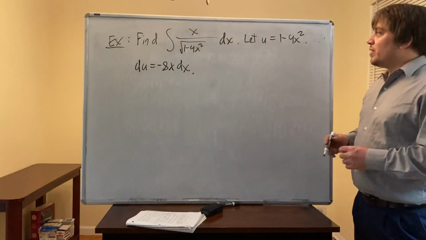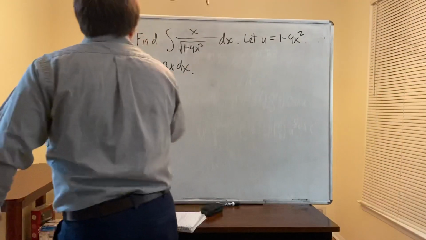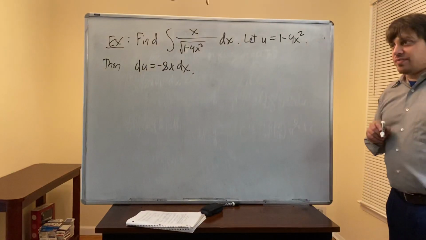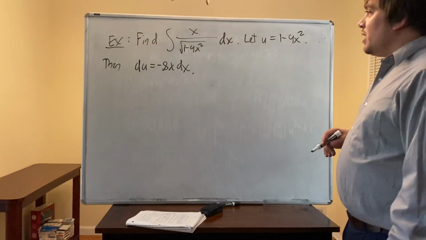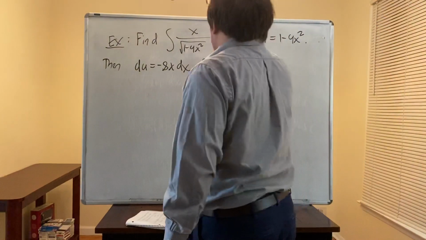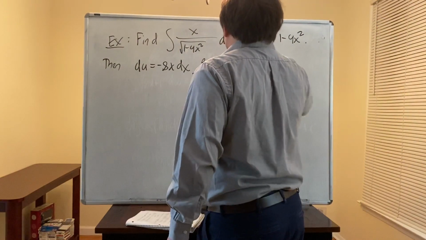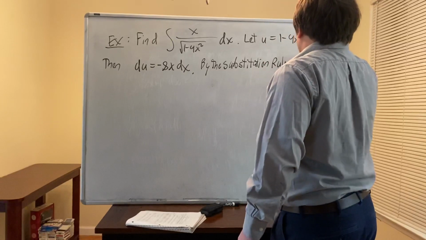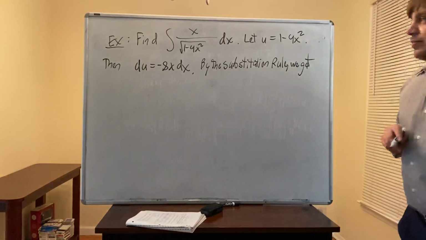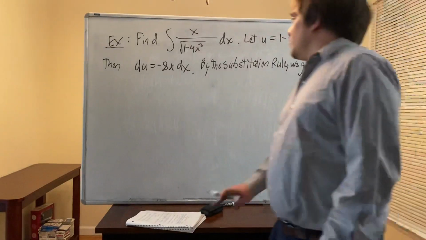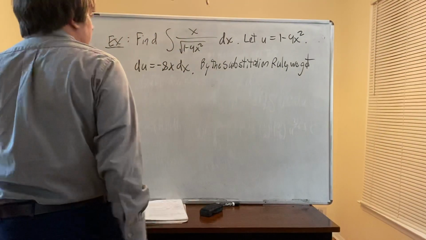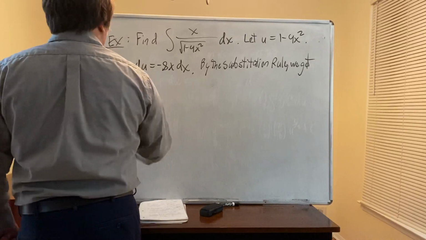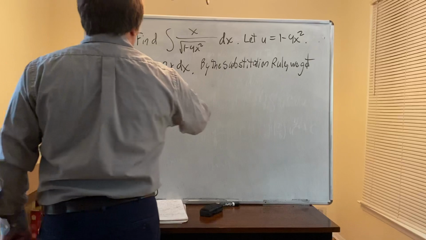Okay, so then let u equal 1 minus 4x squared, then du is equal to negative 8x dx. By the substitution rule, we get the integral of x over square root of 1 minus 4x squared dx.